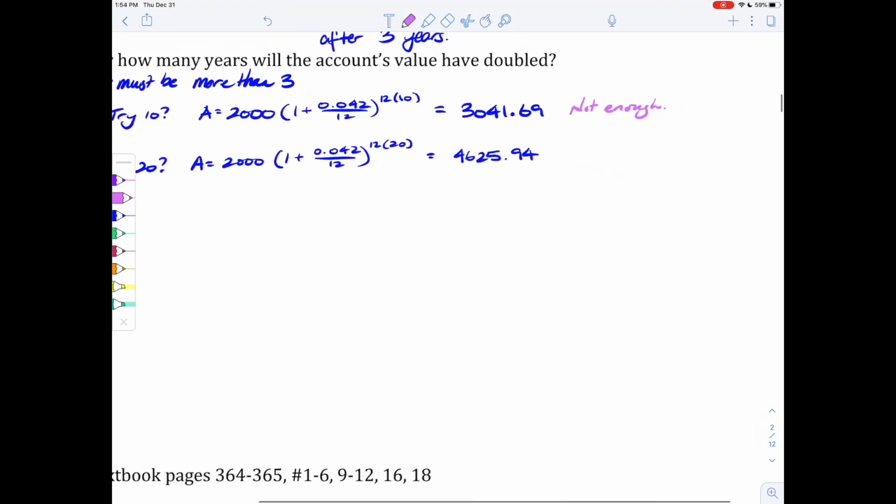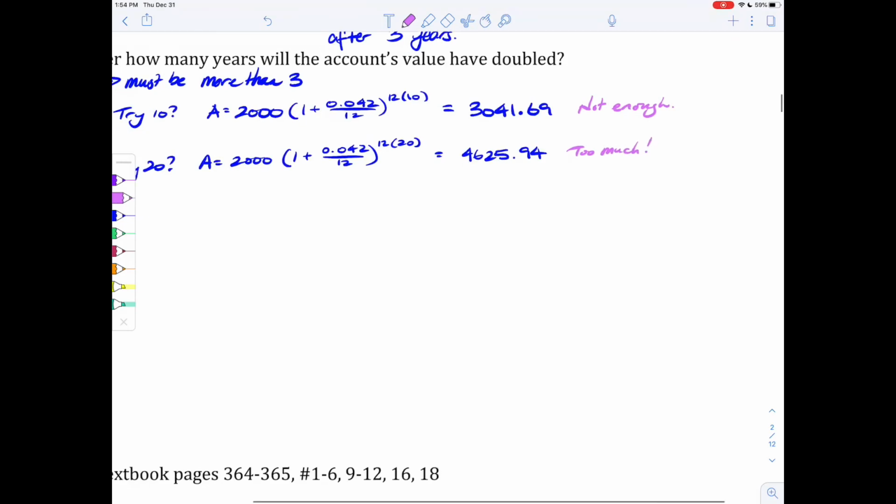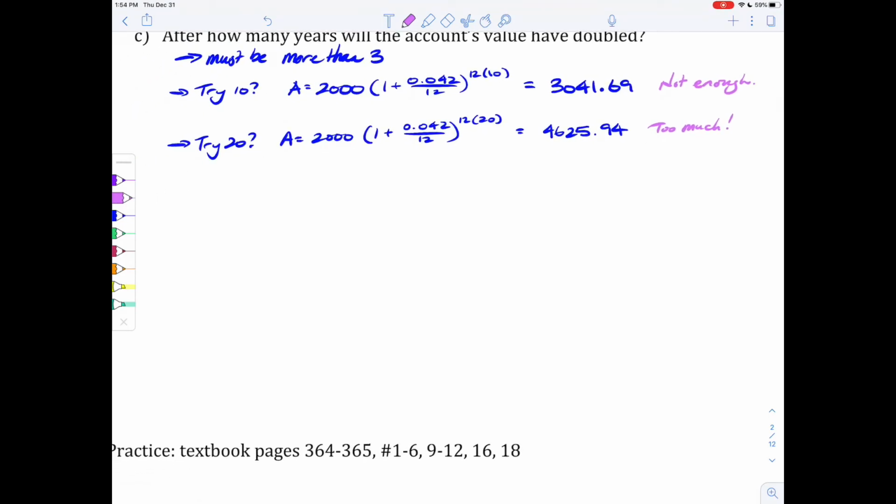And this one might be a little too much. So maybe it's something in between there. I don't want to go too far down, although like 15, 16, 17, 18, I think those all make sense to try. I'm going to try 16.